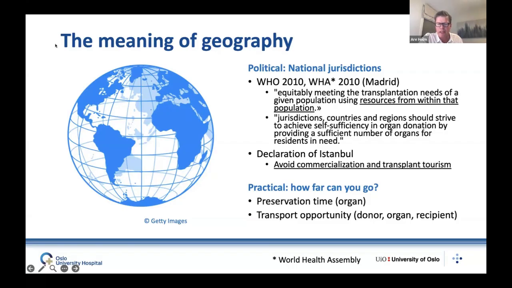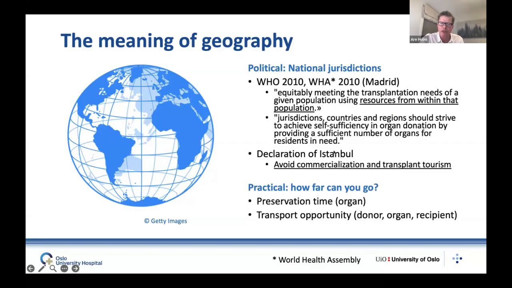And I think the reason these two things are different is that the resource for transplant is human organs that need legal protection. So I think that's why it's internationally recognized that there must be national borders regulating transplant.